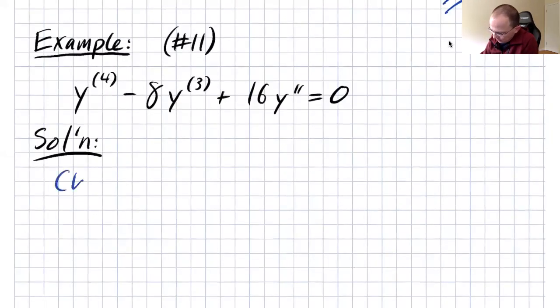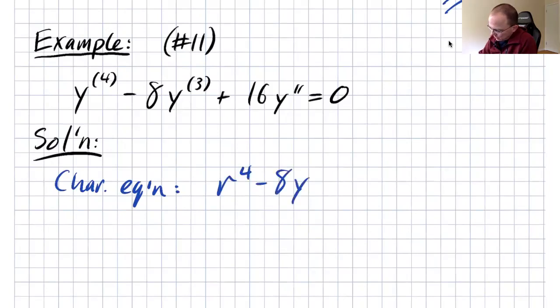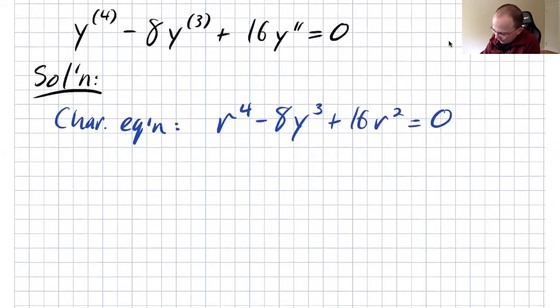Okay, here the characteristic equation is r to the 4th minus 8r cubed plus 16r squared. So first of all, I see that I can factor out an r squared. So that'll leave me with r squared minus 8r plus 16.